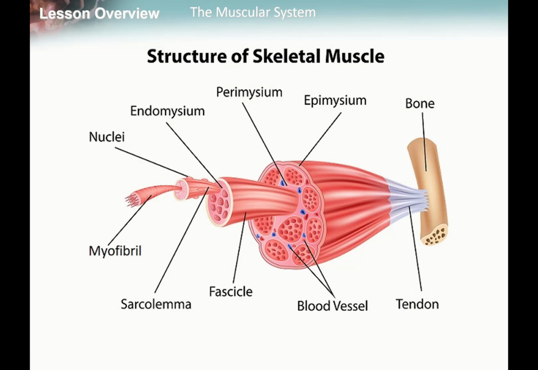Now, the epimysium is actually a sheath of fibrous connective tissue that surrounds the outer layer of the muscle. Now, if you've ever undertaken any kind of foam rolling or myofascial release, it's actually the epimysium which is being worked here. Now, the epimysium can actually attach very closely to the lower layers of a muscle.